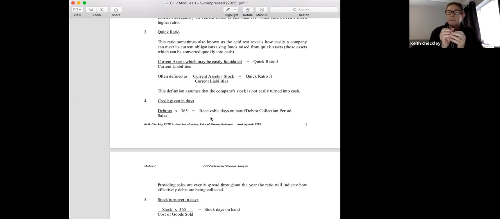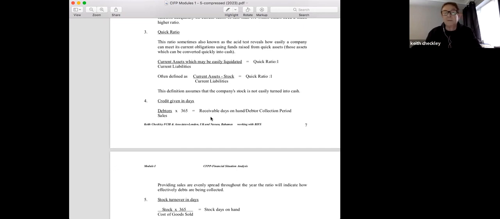It's not exact, but it will give us an indication of the number of days of debtors or receivables in terms of the collection period. So that'll give us a good indicator of how long it's taking the business collecting its debtors.